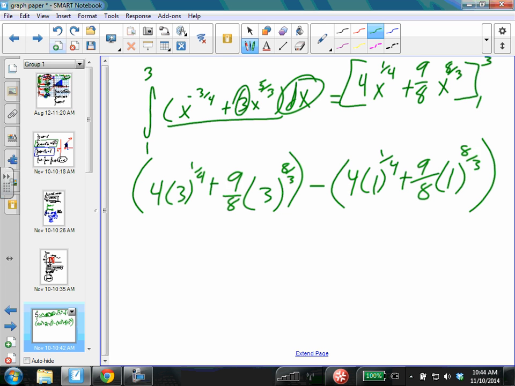Okay, so this is going to be kind of an ugly fraction whenever we get done. So will somebody run this through your calculator and give me each individual piece. Somebody plug this piece right here in and give it to me in a fraction. Okay, so 4 times 3 to the 1/4 plus 9/8 times 3 to the 8/3, and see if you can give me fractional form of that.